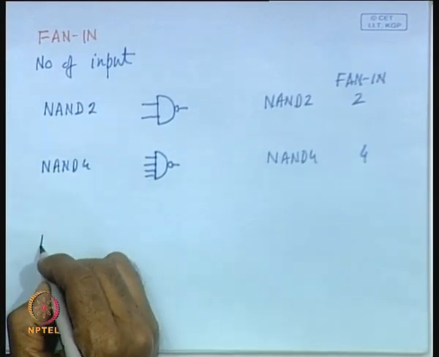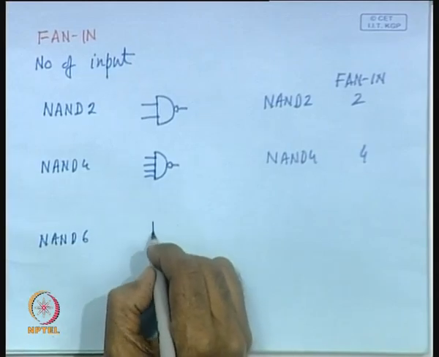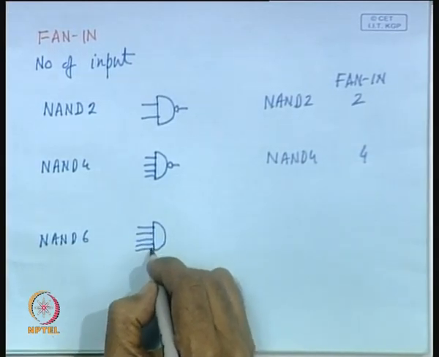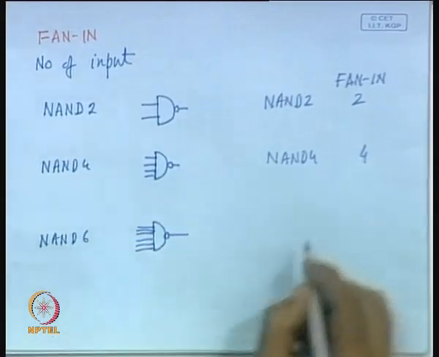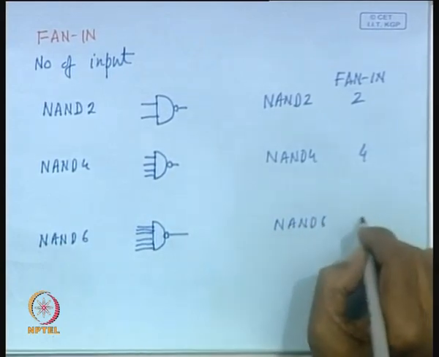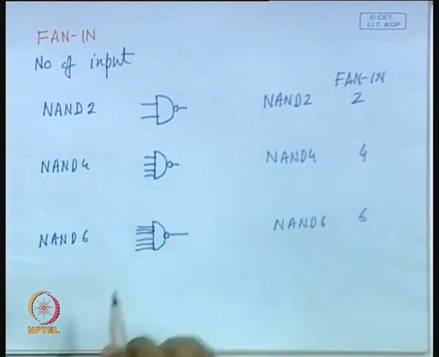You can also have say NAND 6, where the number of inputs is 1, 2, 3, 4, 5 and 6. So, here for NAND 6 fan in is 6. So, we can see fan in is essentially the number of inputs.